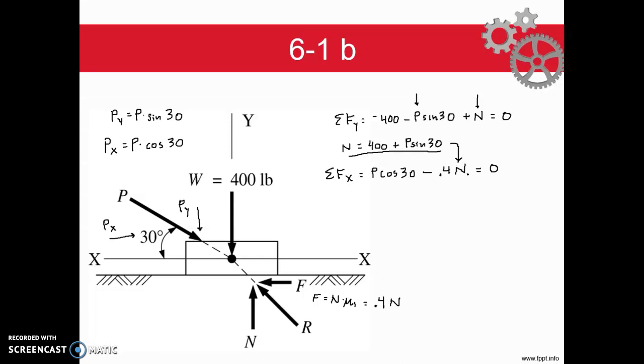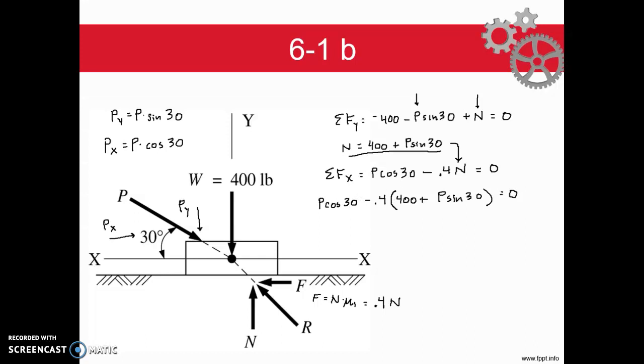If I substitute this in here, then we'll just have one unknown, and that unknown will be P. So I've got P cosine of 30 minus 0.4 times, be sure to use parentheses here, 400 plus P sine of 30. And that is all equal to 0.